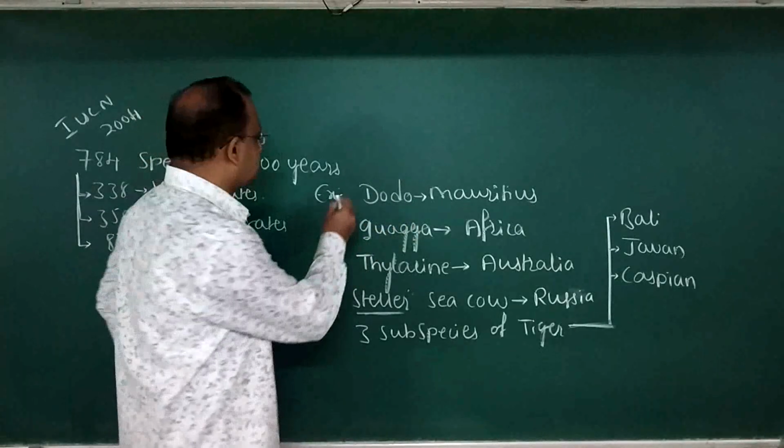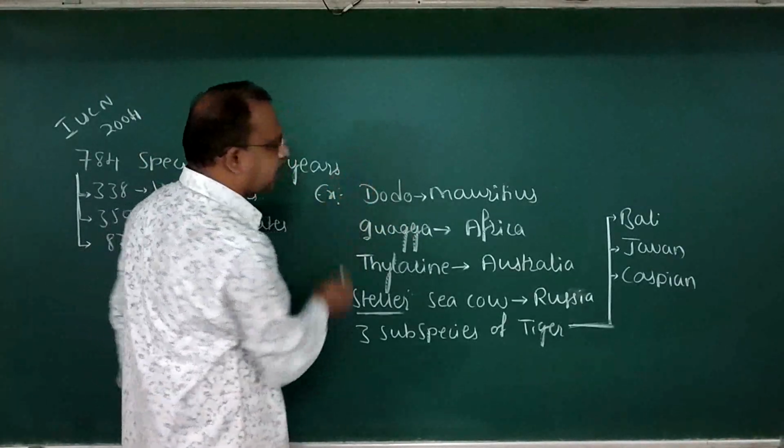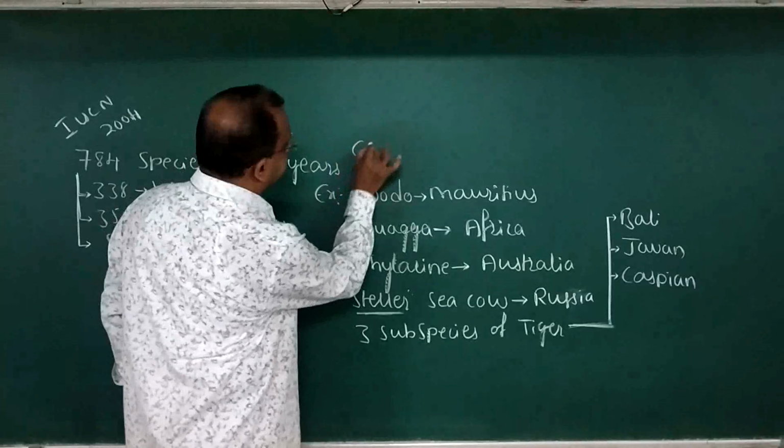Some recent examples of extinction are the dodo of Mauritius. You have to take care of this point for the NEET examination or KCET.